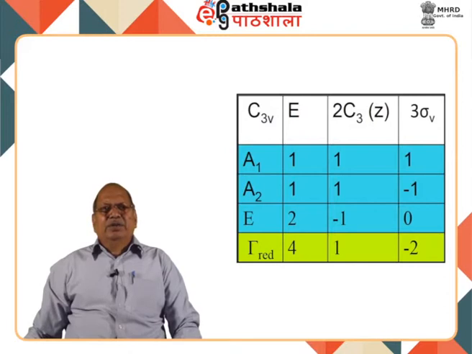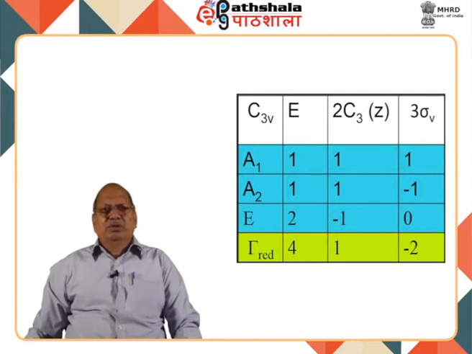In this character table, we have the symmetry operations E, 2C3, that is the C3 axis along Z, and 3 sigma V. And we have the irreducible representations in this point group as A1, A2 and E. The characters for A1 are 1, 1, 1, for A2 are 1, 1, minus 1, and for E are 2, minus 1 and 0. Now we have tau reducible, the character for which is 4, 1, minus 2.